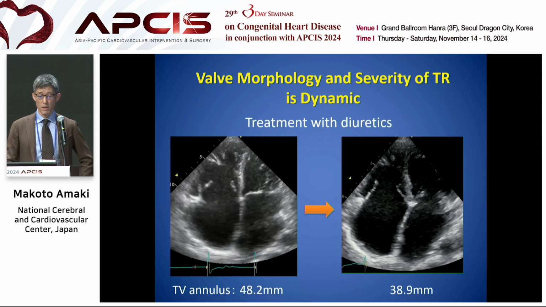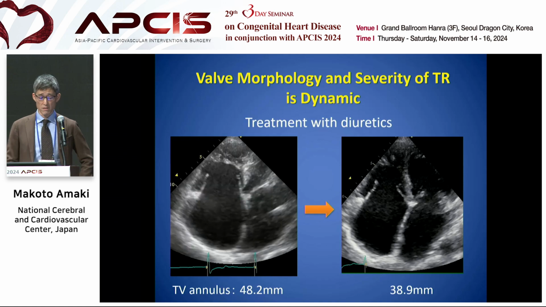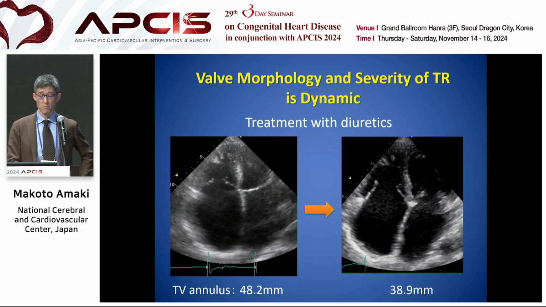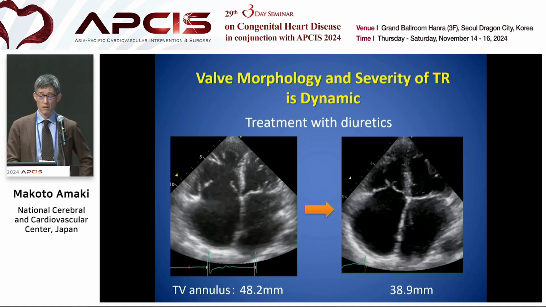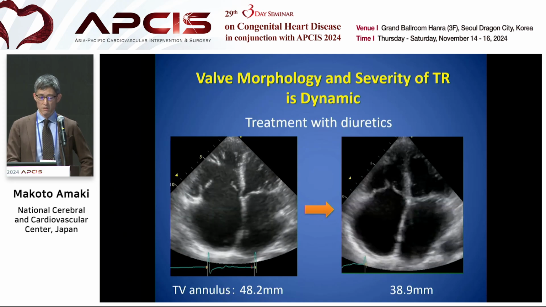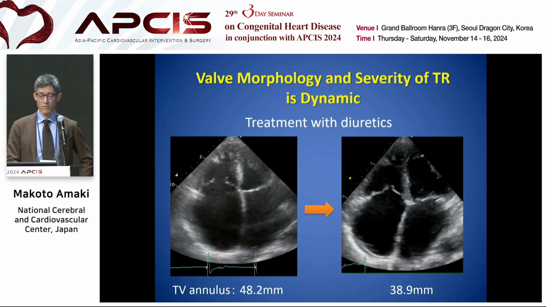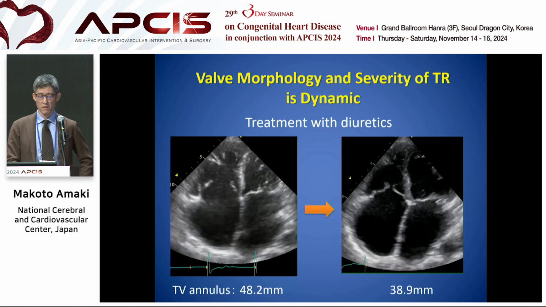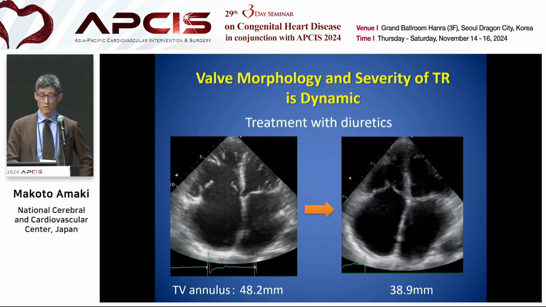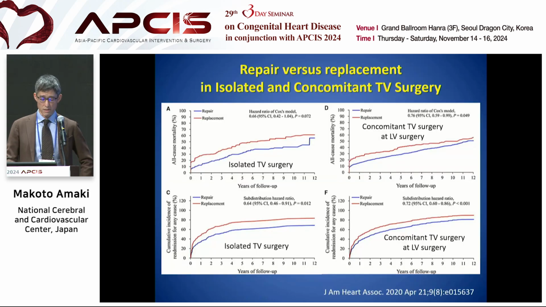If the patient comes in with congestion, the tricuspid annulus can be nearly 5 centimeters, but if you treat with diuretics, it can be less than 40. So again, the dynamics of morphology and TR severity are diverse, and we have to treat well and then assess the TR severity.